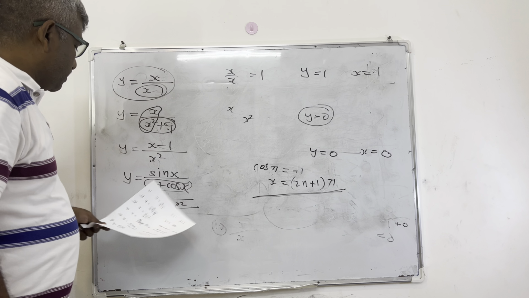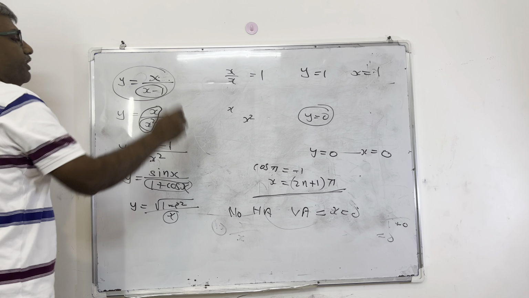Then question number 16, square root of 1 minus x squared over x. This is a little tricky. There is no horizontal asymptote, since minus x squared is under the root. The vertical asymptote is at x equal to 0.